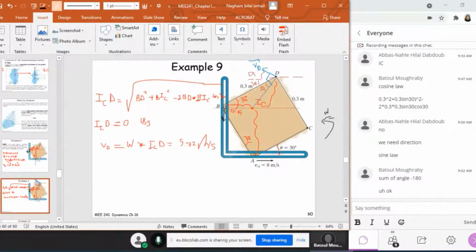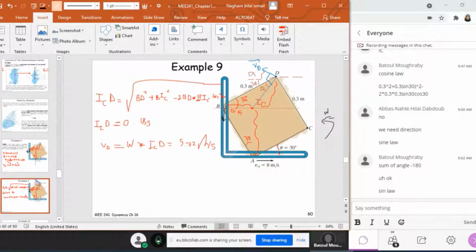Guys, as I said, if I want to apply IC, I have to put on my mind that I need the cosine and sine rule. I might need them. Right, so here I need the sine rule in order to find phi. I can use 30 over ICD is equal to sine phi over 0.50.